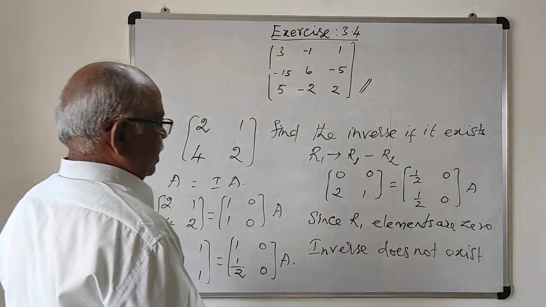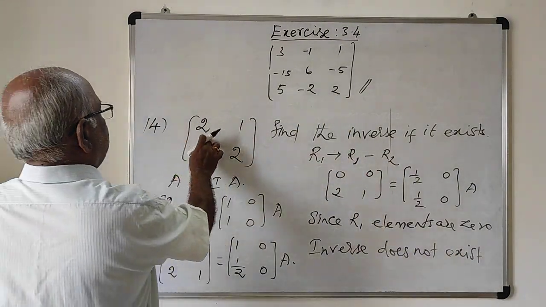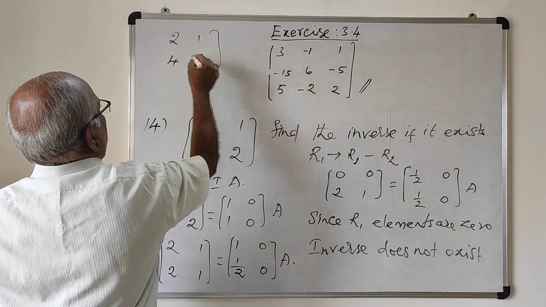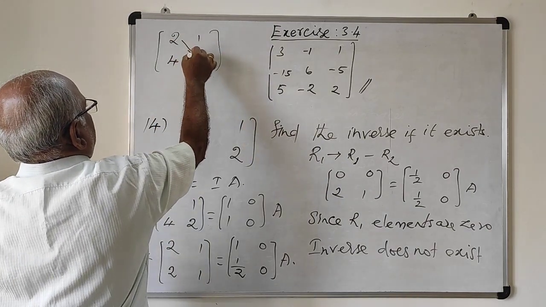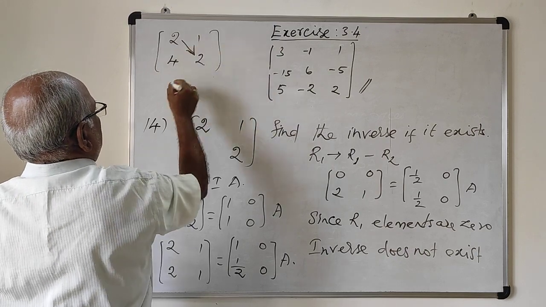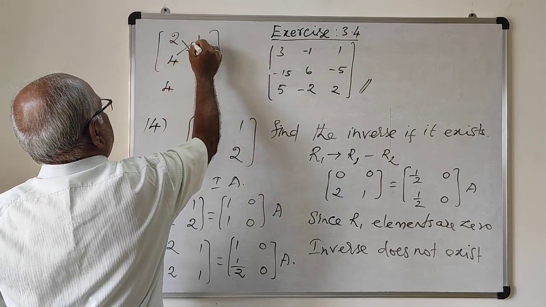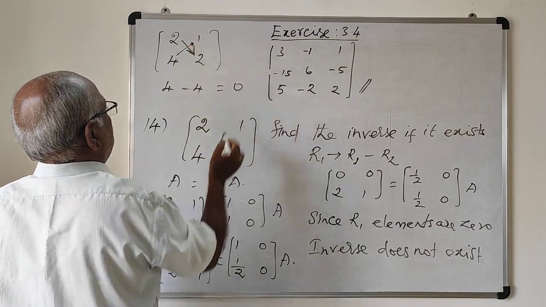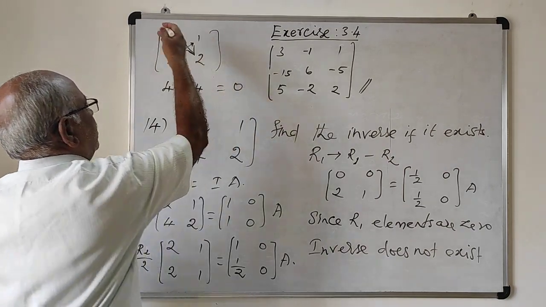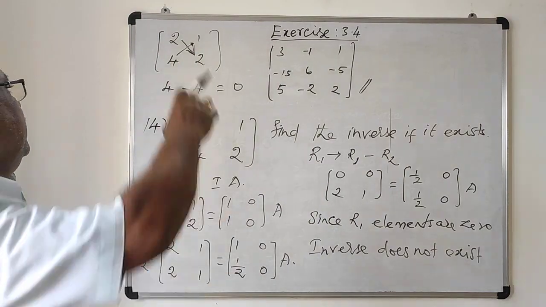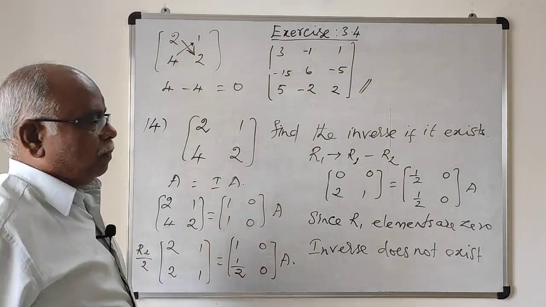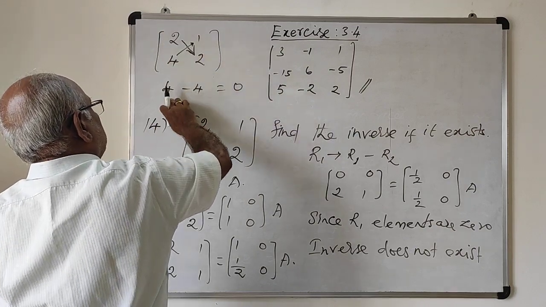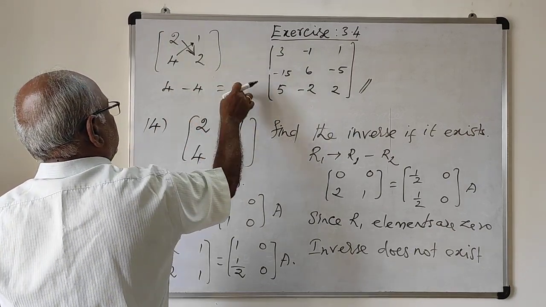For this problem, I can say only a simple idea. If the given matrix is 2, 1, 4, 2, you multiply the diagonal elements first. 2 twos are 4, and again on the second diagonal 4 ones are 4. Subtract them, you will get 0. If it is the case, you can immediately say the matrix doesn't have an inverse.